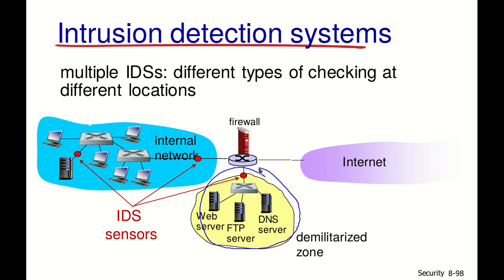This DMZ is located after the firewall and after the IDS, and is specifically for servers that have a direct connection to the outside public internet. For the internal networks, we have to apply another firewall, and then we can have an IDS specific to the traffic in the internal networks.